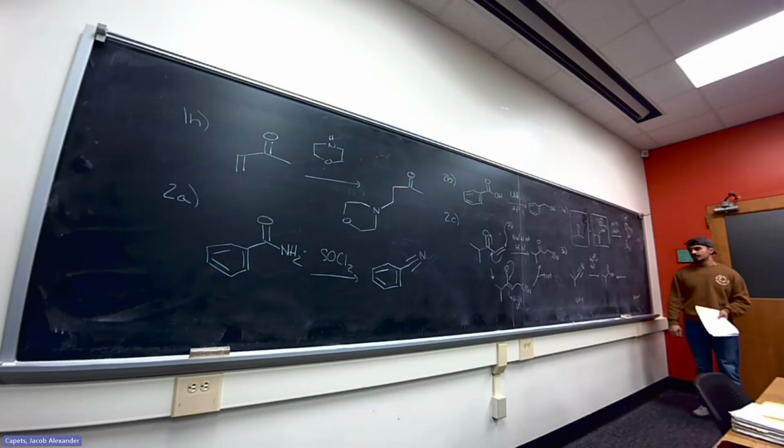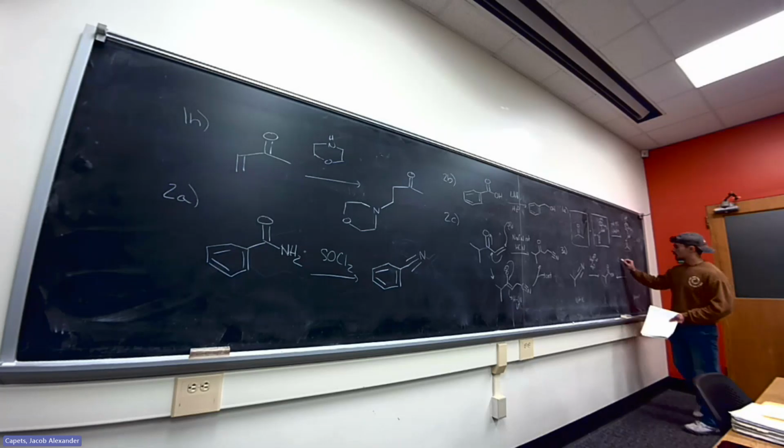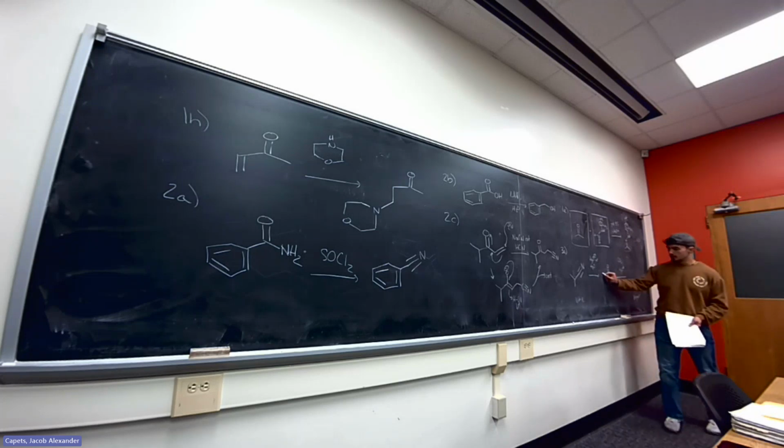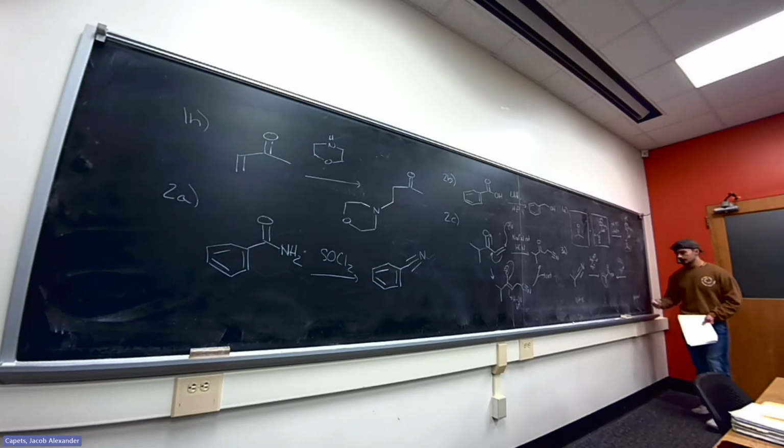And then to make carboxylic acids from Grignards, we're going to use carbon dioxide and then quench with acid. And here, you're going to use only these three carbons as part of your Grignard. So you have isopropyl Grignard.